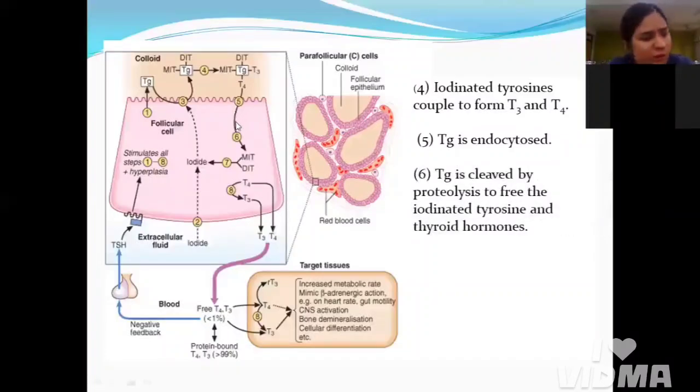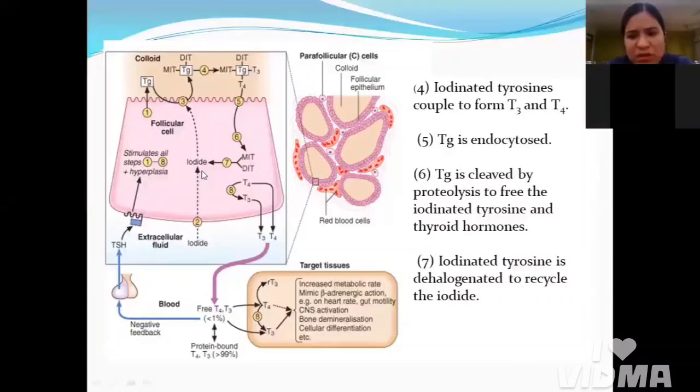This thyroglobulin is now broken down or cleaved by proteolysis. That is the breakdown of proteins to free the iodinated tyrosine and thyroid hormones. Now this whole structure will break down to free the iodine and T3 and T4 hormones, and this iodide will be recycled by the follicular cells by the process of dehalogenation.